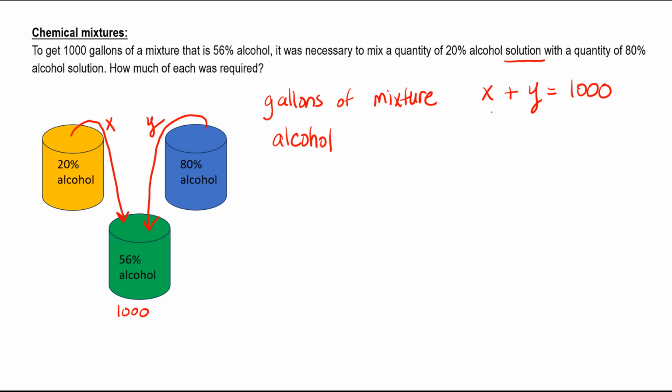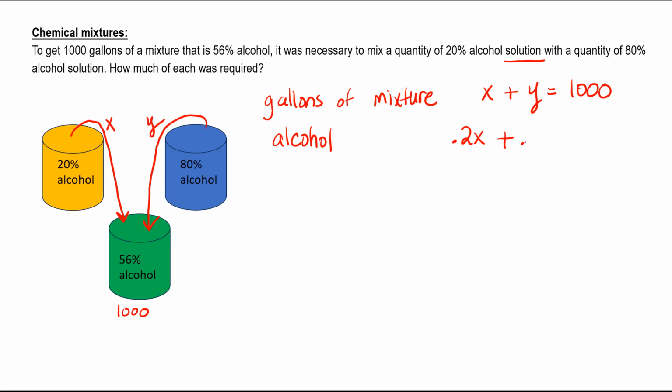All right, so when I dump in stuff from the yellow bucket, 20% of that is alcohol. So the first thing in this equation is 0.2 times X gallons, that is all alcohol. And then the second bucket, the stuff I'm pouring out of the blue bucket, 80% of that is alcohol.